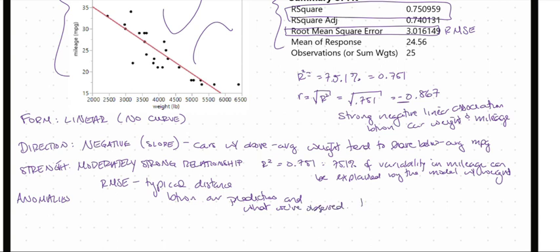In this case, the RMSE is 3.016, meaning that our predictions are off by 3.016 miles per gallon on average.